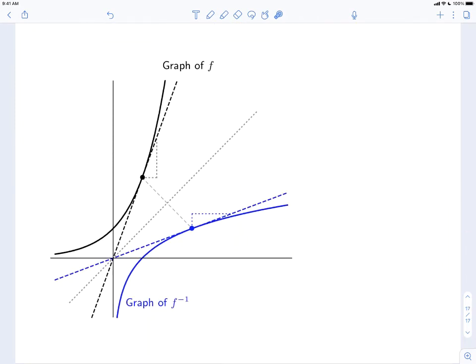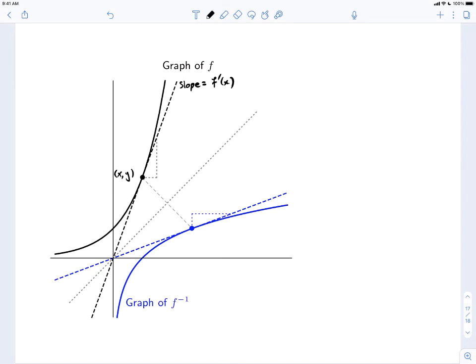So here we have everything that we need. We have first the graph of f, and we know that the slope of this line is f prime at x, because this point right here has coordinates x comma y. Now, how do you compute the slope of a line, generally speaking? It's the rise over run, or the difference of the y's over the difference of the x's.